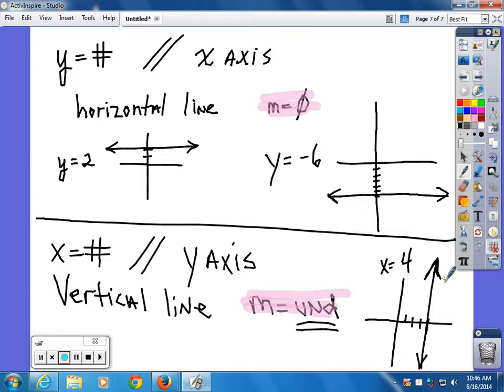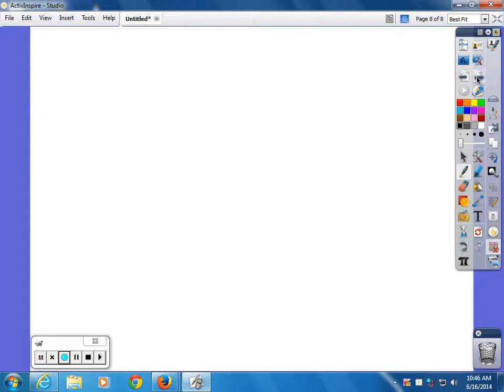And you need to know one more rule, and that is when the slopes are equal, if you have two equations and you solve for y, and the slope of one is equal to the slope of the other, you have parallel lines.